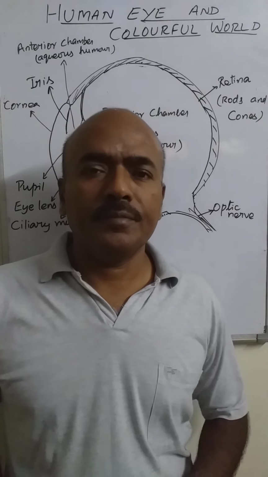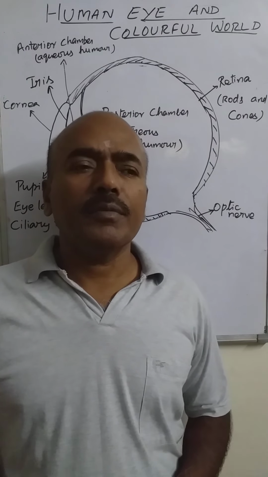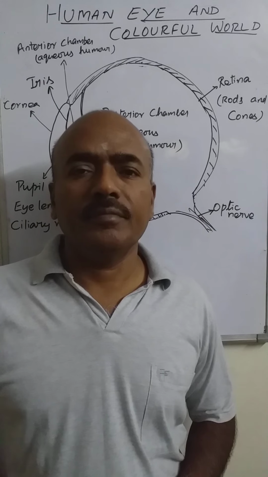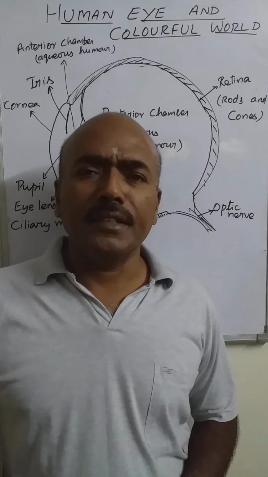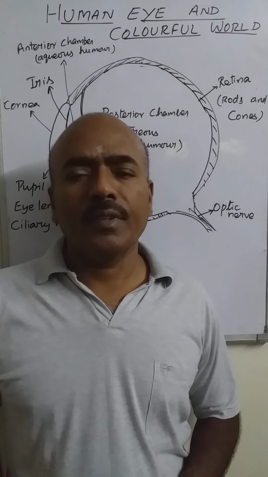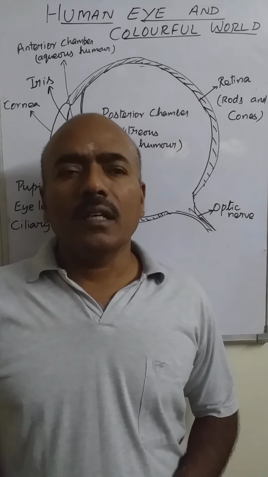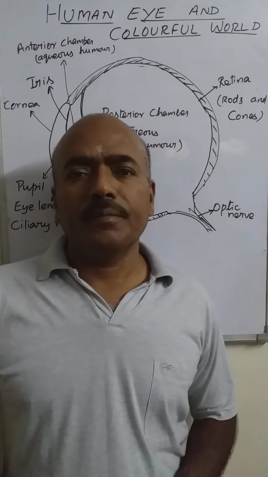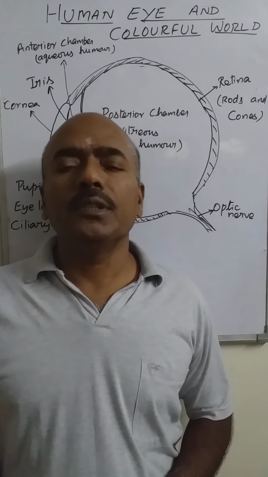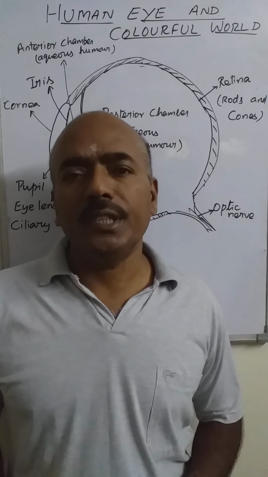Human eye, it is one of the important organs in the human body or in living things. This important organ is used to see the surrounding world.